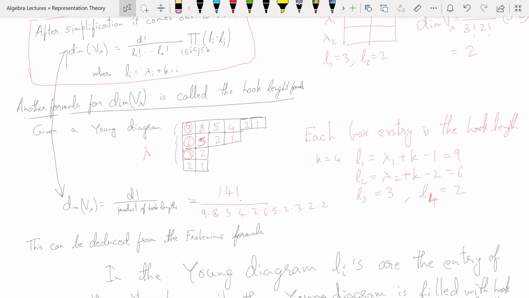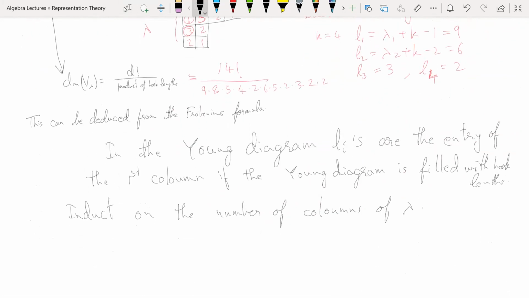If I replace lambda by something which has fewer columns, so I drop this.